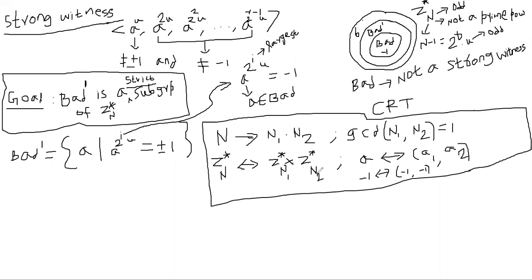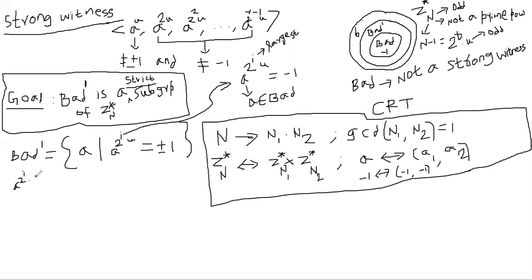Okay. And now let's consider the higher level picture. We wanted to be able to show that an element B, which belongs to Z star n, is not a member of bad prime. How do we go about proving it? First, we take an element A from bad prime as follows. We wanted to select an A such that A to the power 2^i times u is equal to -1.